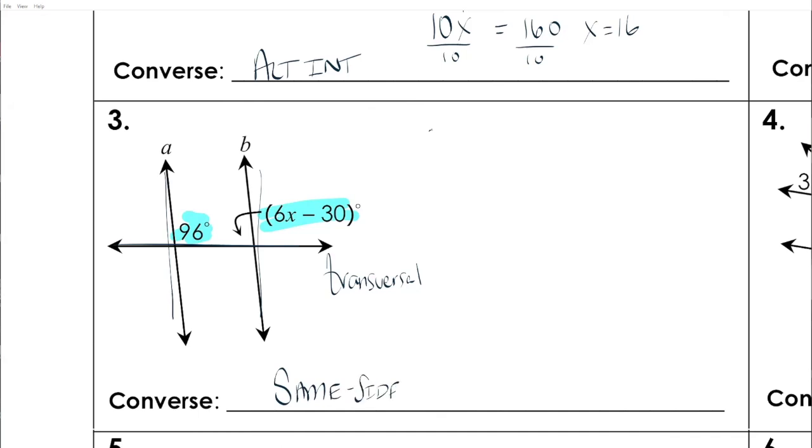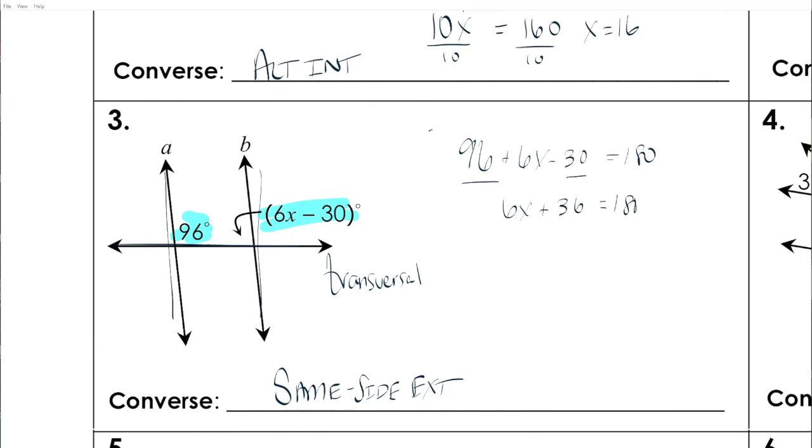Same side interior angles must be supplementary, meaning they add up to be 180. So that's what we're going to do. 96 plus 6x minus 30 is 180. Combine like terms on the left side. 6x plus 66 is 180.